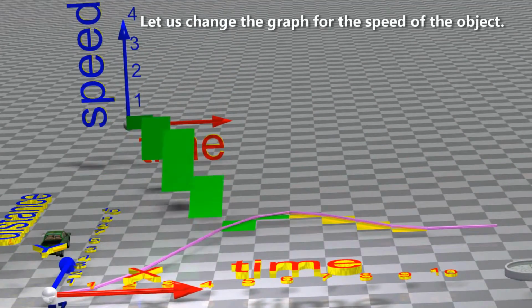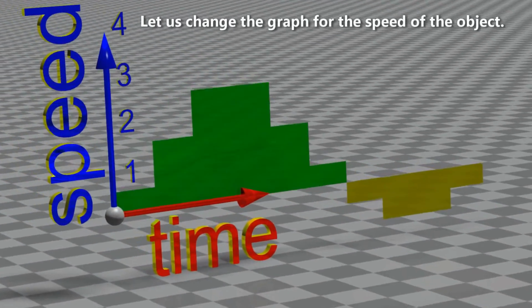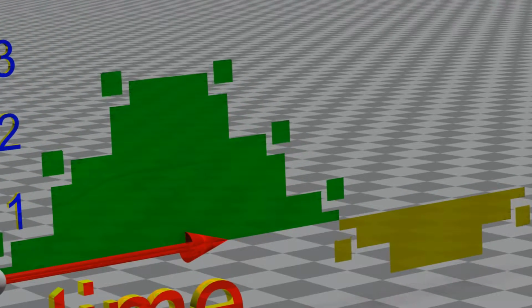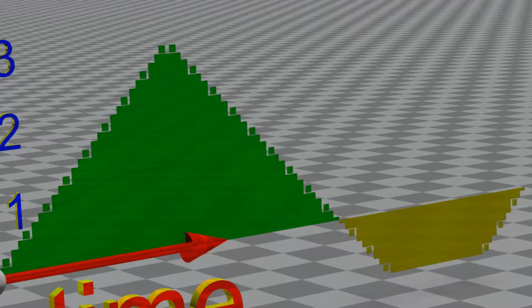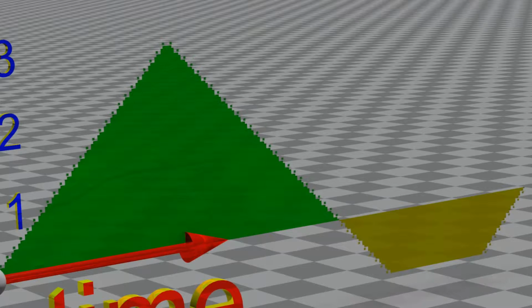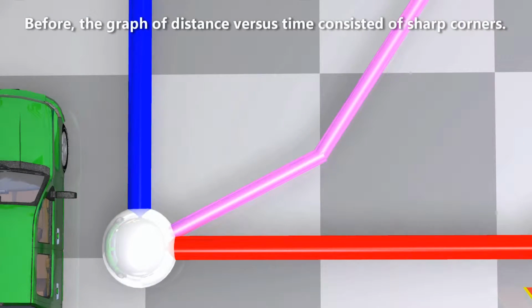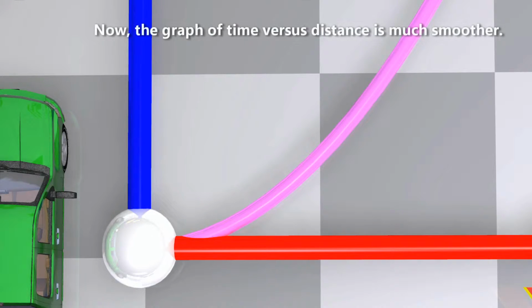Let us change the graph for the speed of the object. Before, the graph of distance versus time consisted of sharp corners. Now the graph is much smoother.